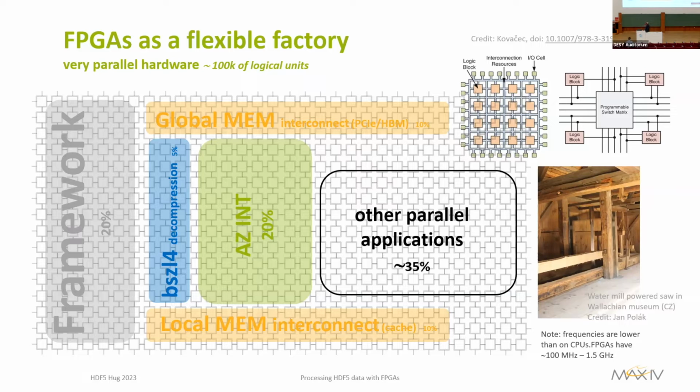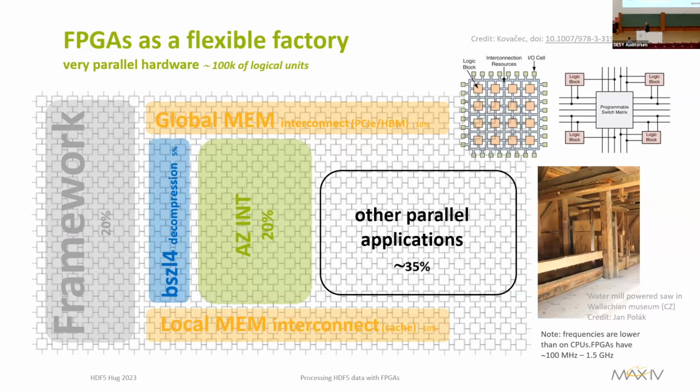FPGA is really parallel hardware in that sense, that you can imagine it more like a factory where you have a lot of processing units, and you dedicate these processing units to special tasks. And all these tasks are running really in parallel. So some piece of hardware is loading data, some piece is decompressing them, at the same time when another one is azimuthally integrating them.